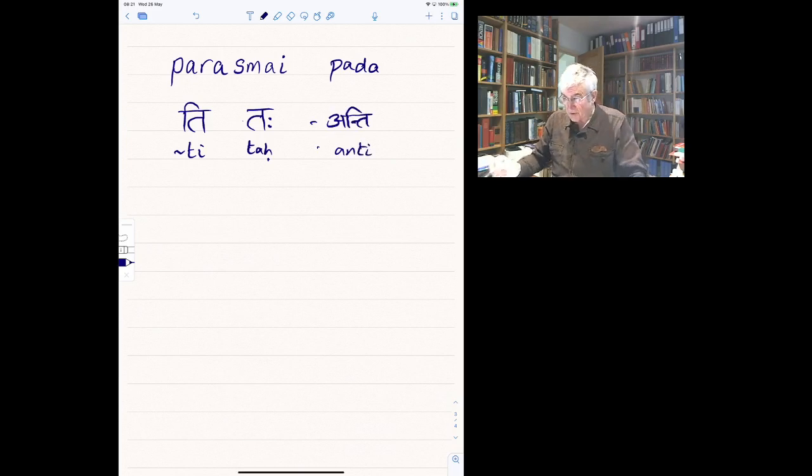At the second person, that's the you, second singular, again, ends with a short i, so you write it like this: si. And in the dual, that's the two, you two, if you're talking to two people, you have to use the second person dual. That is thah.